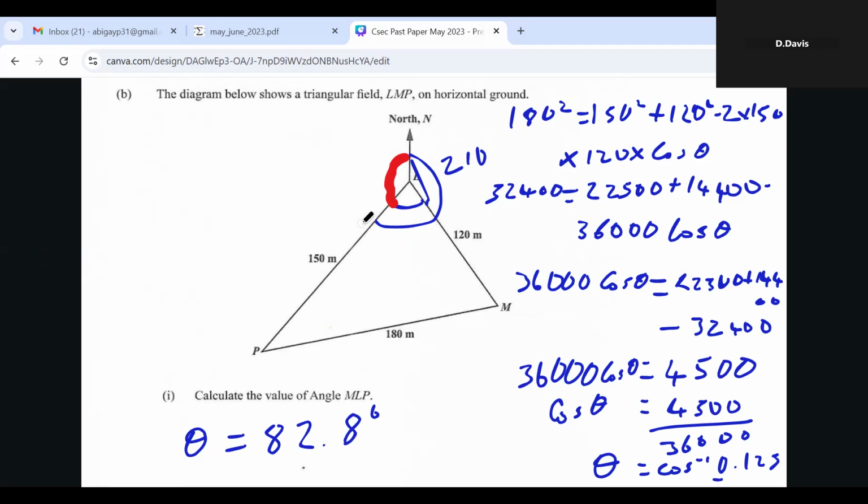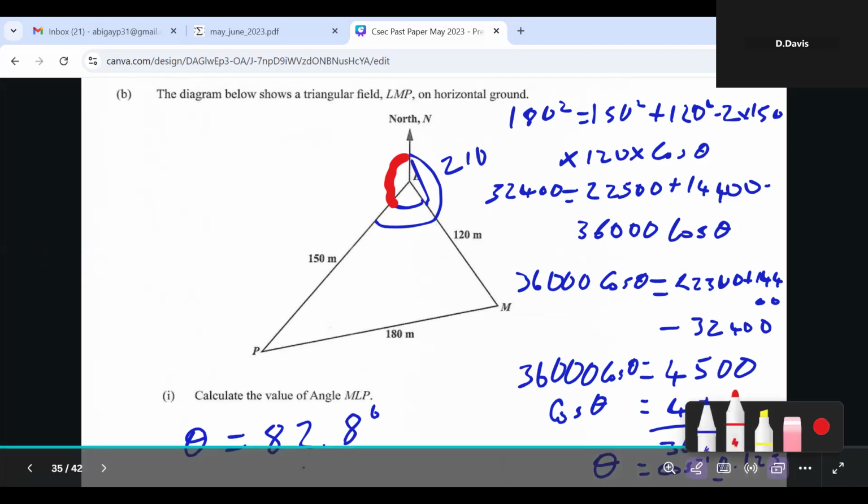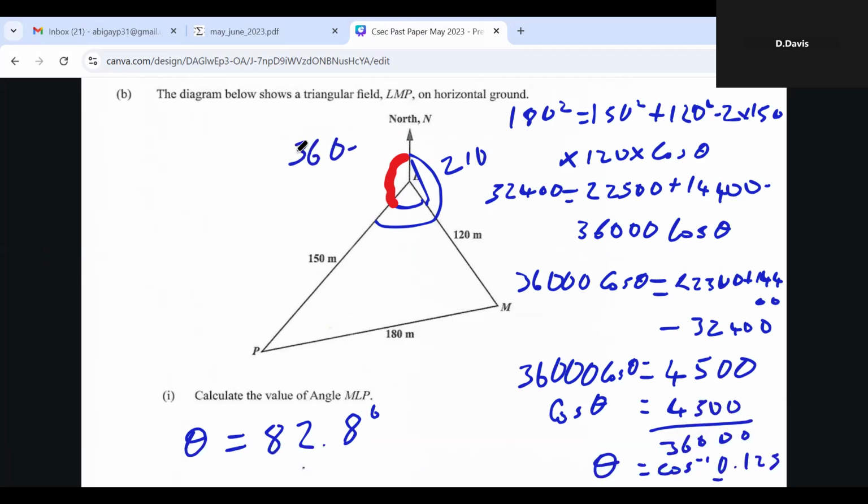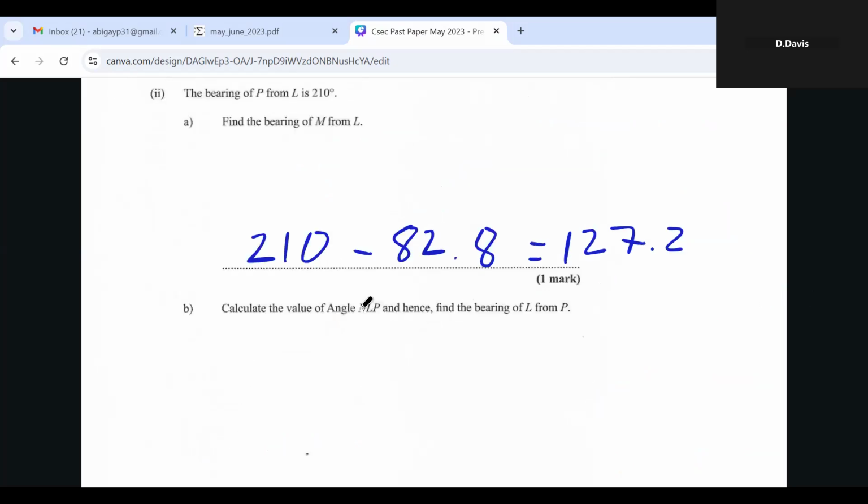So we know this is a complete circle. That is gonna be 360. 360 subtract 210. That will equal to, where's that? Oh, there. 360 subtract 210. 150. So we found that for NLP.